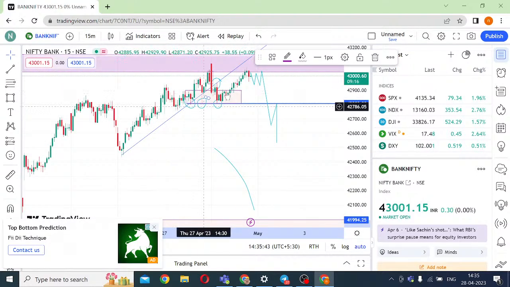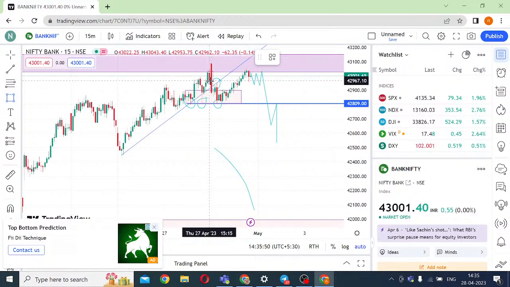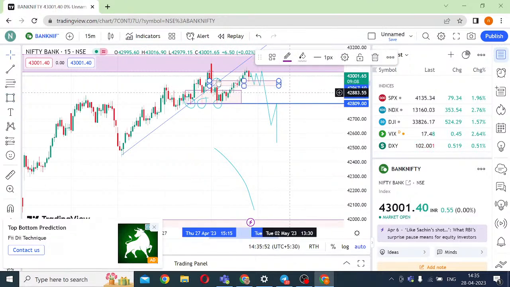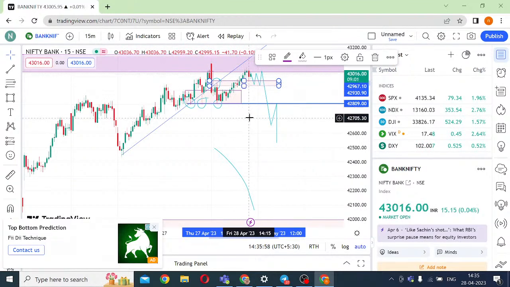So the second one, when it went up, the logic was this closing candle was pierced down. So I was expecting a resistance at this place, and from here I was expecting a fall till 42,730. So this is the logic of taking the trade.